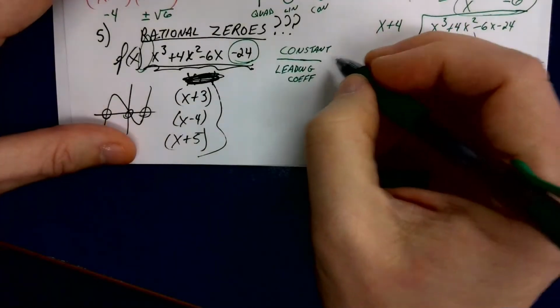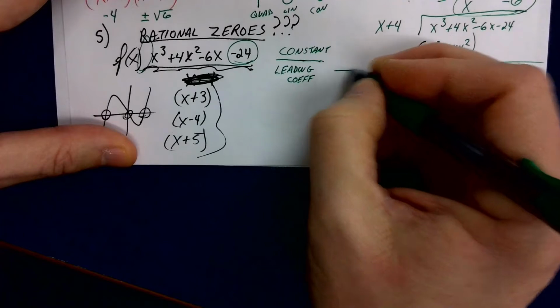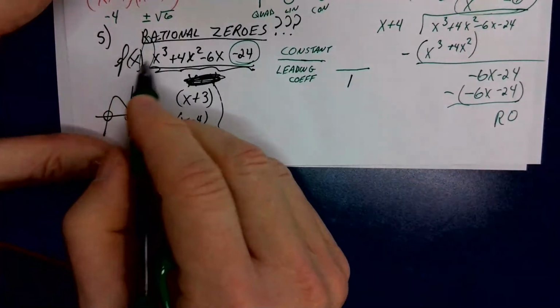So in this case, I know that if there's going to be something that works on this particular problem, I'm dividing it by 1.